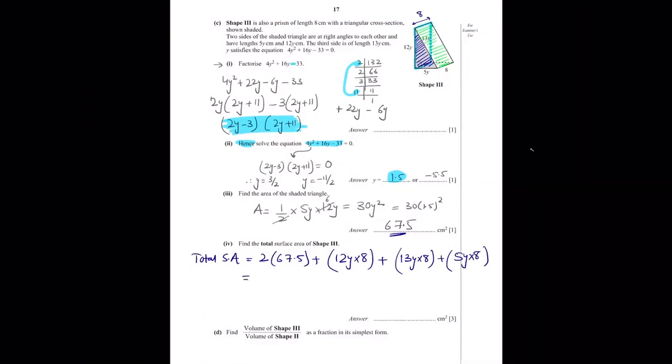Okay. So what value of y have we decided to take? y as 1.5.